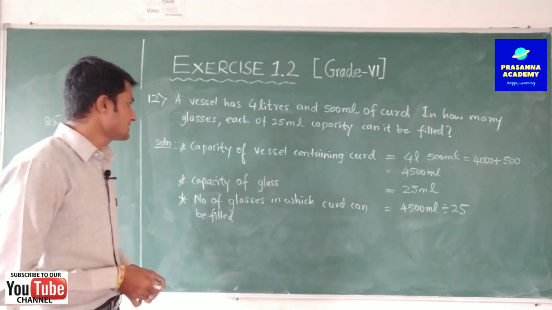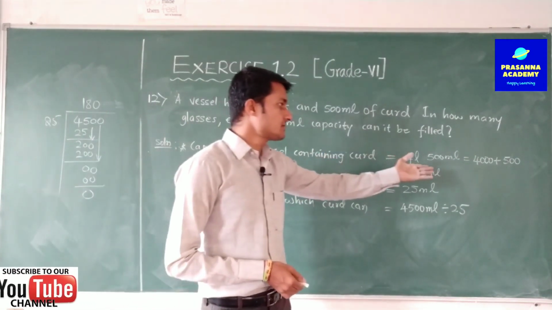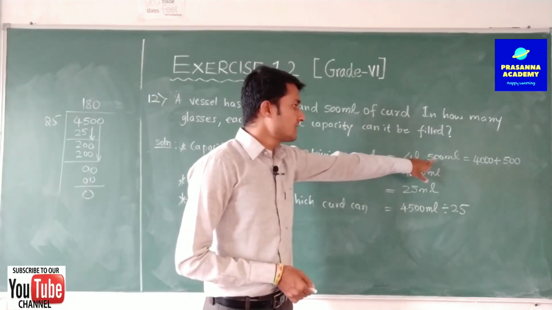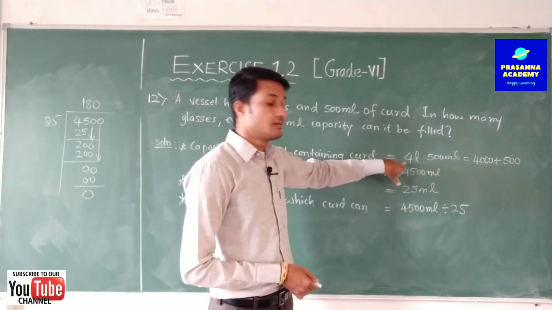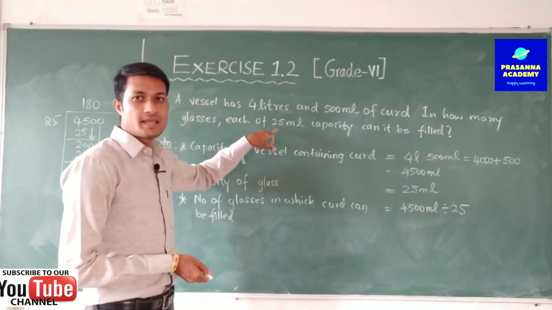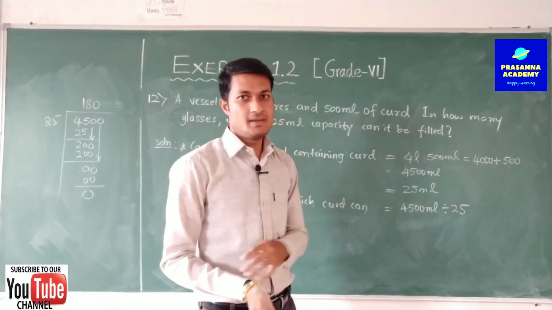First we write the capacity of the vessel containing curd as 4 liter 500 ml. Since 4 liter is in liter, but 500 is in ml, and the capacity of the glass is in ml, we need to convert the capacity of the vessel into ml.